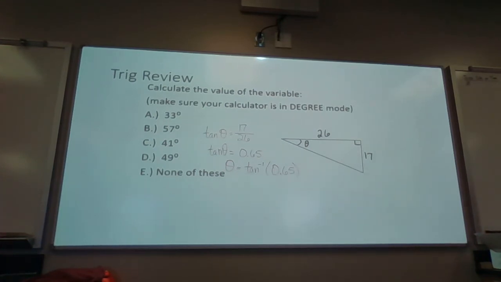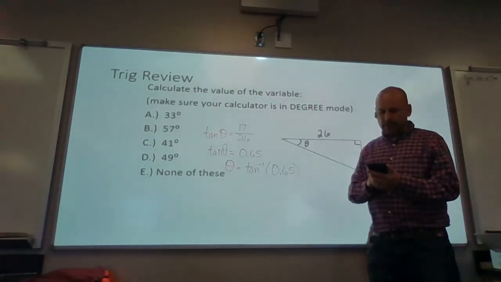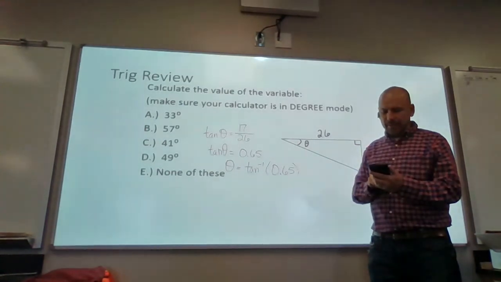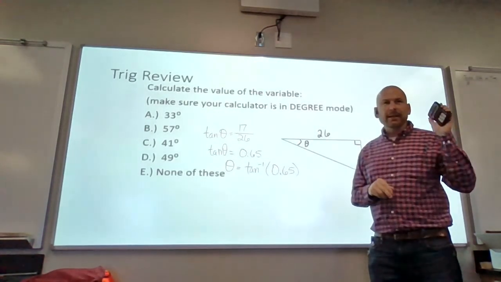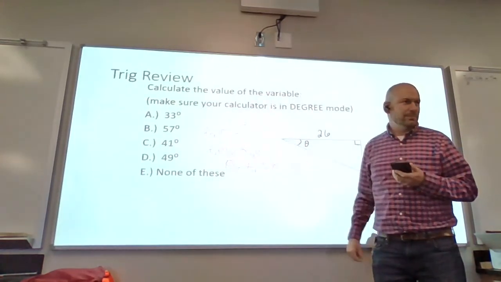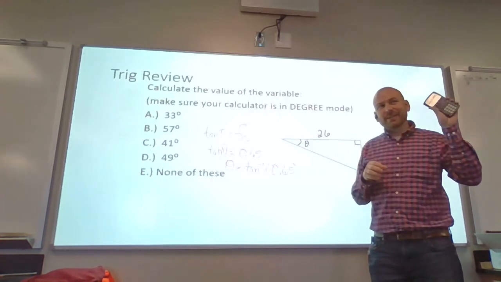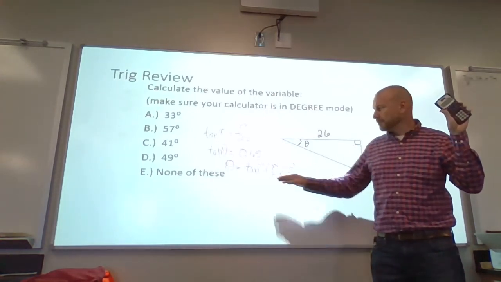There's a function called ANS, which brings back the previous answer. This is a great feature. You go 17 divided by 26 equals, and you get 0.65. Usually you'd have to write that down. But using this answer function, it stores this answer.